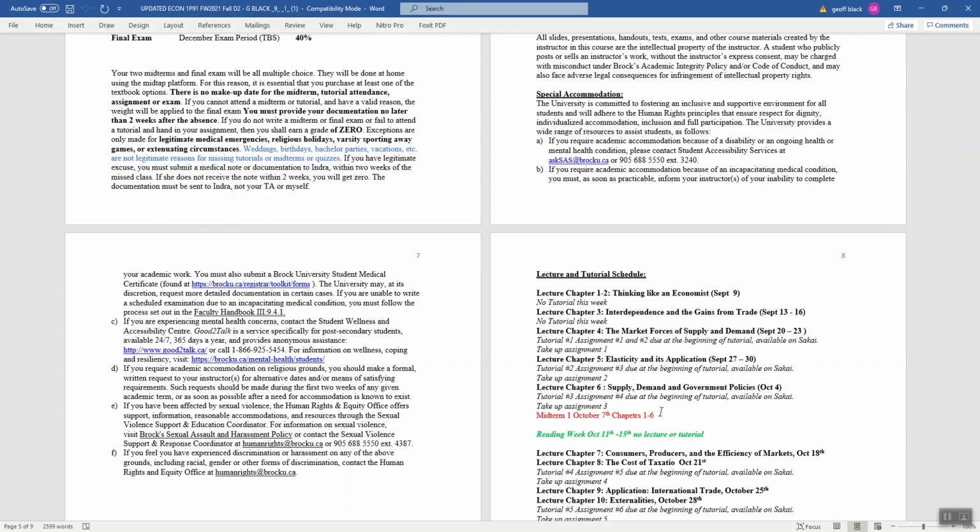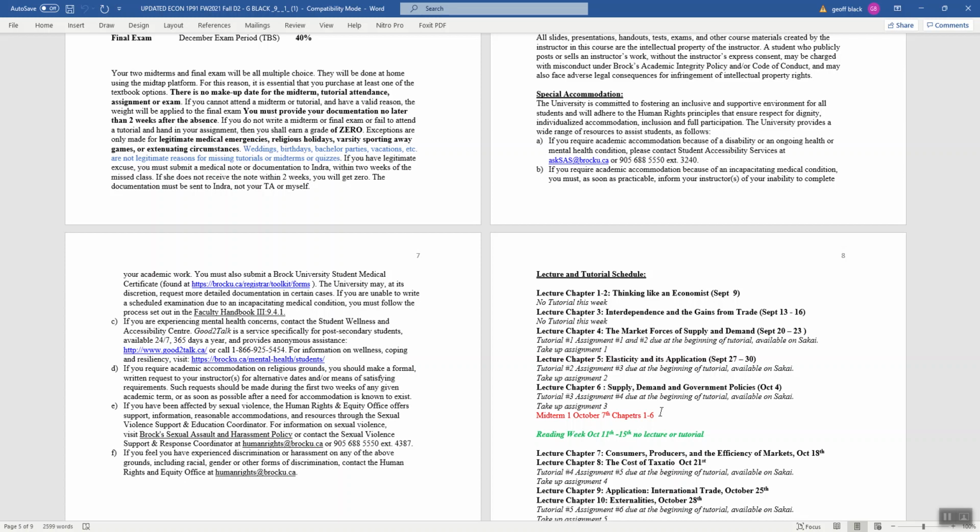Again, use your given name, right? That appears on your student card, first and last, and your Brock email. I've had a few students who didn't get that information and they had already set up a MindTap account. As long as it's your name, I'll be able to identify you. But MindTap and Sakai are totally separate. They're not integrated.